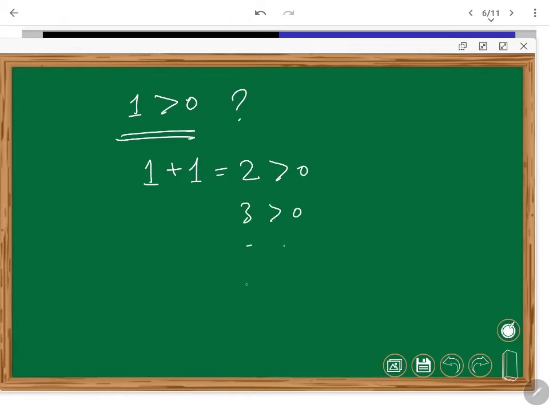So by induction, any natural number is going to be positive. So we get a very big set inside immediately. But how will you say that 1 is greater than 0? It needs a proof. How can you prove that? 1 is greater than 0. In fact, something more is true. You can realize 1 in another way.